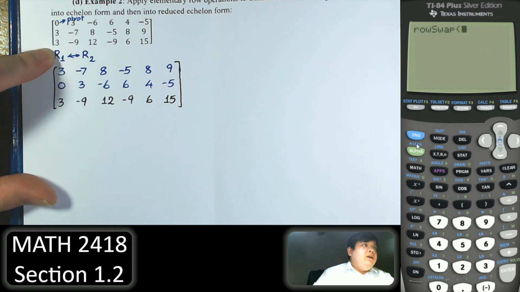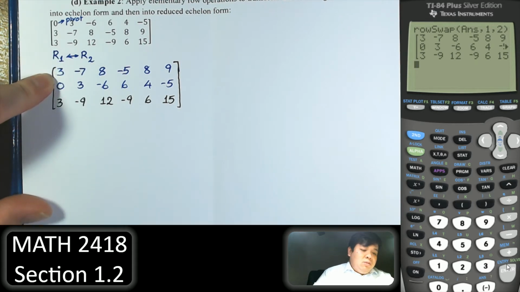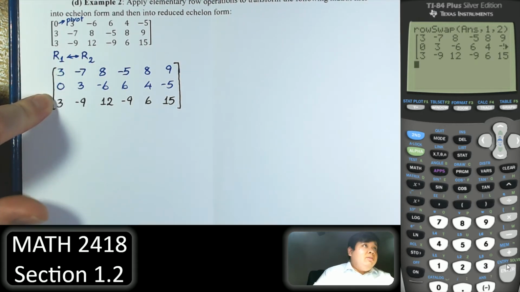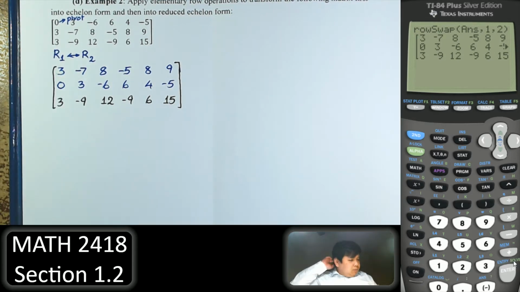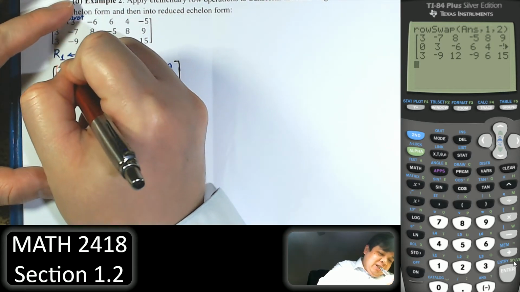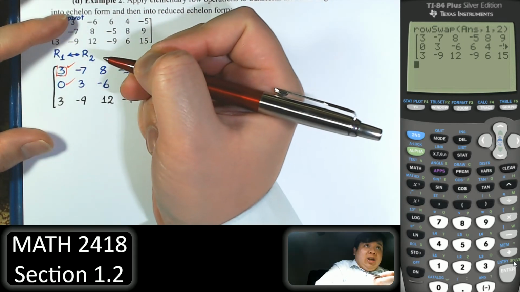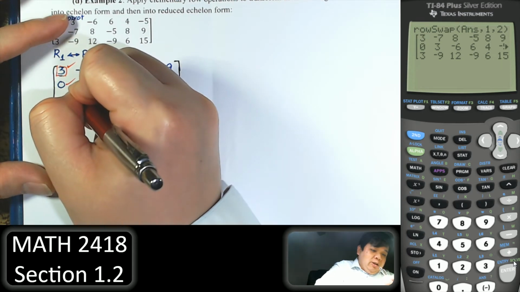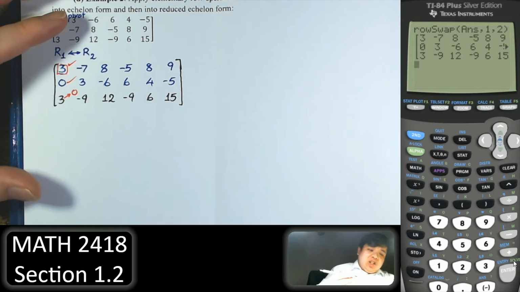Row swap the matrix, row 1 and 2. Next, we have the pivot entry, the non-zero leading entry, and 0 below that is good. Now this needs to be 0. To do that, we just multiply by negative 1. That will do the elimination nicely.